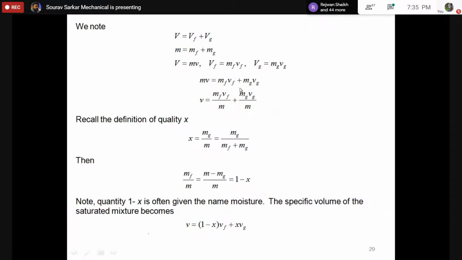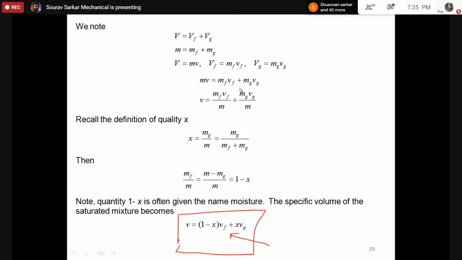So what I'm trying to say is, if you put x equal to 1 in this equation, what will happen? Just Vg. Is it the saturated vapor? Yes. We know that at x equal to 1, everything became saturated vapor.